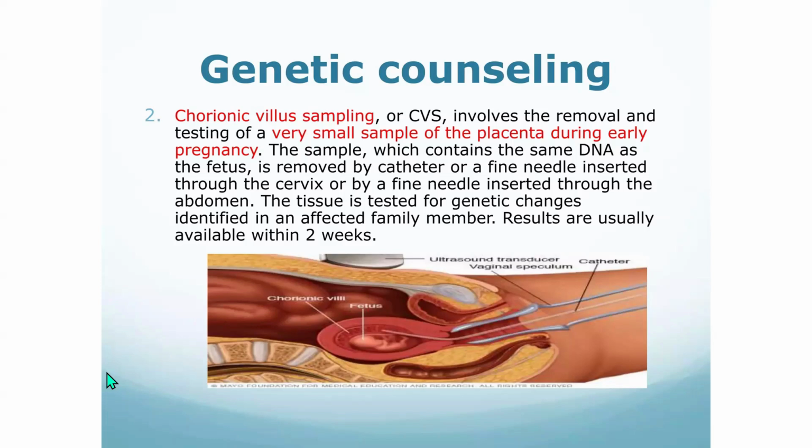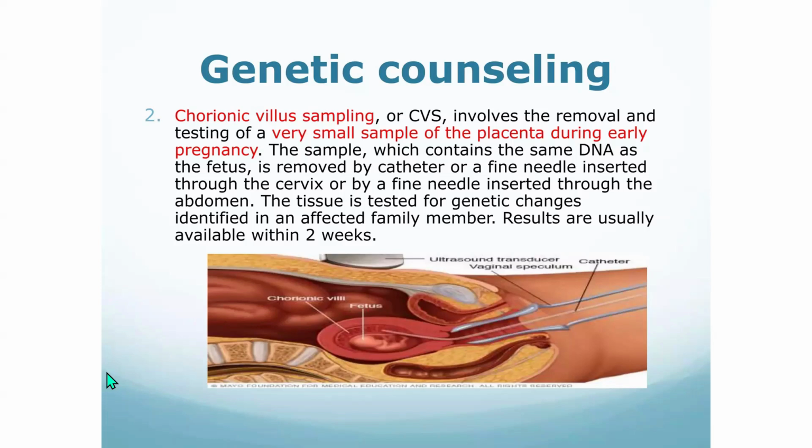The sample, which contains the same DNA as the fetus, is removed by a catheter or a thin needle inserted through the cervix, or by a fine needle inserted through the abdomen. The tissue is tested for genetic changes identified in an affected family member. These results are usually available within 2 weeks.